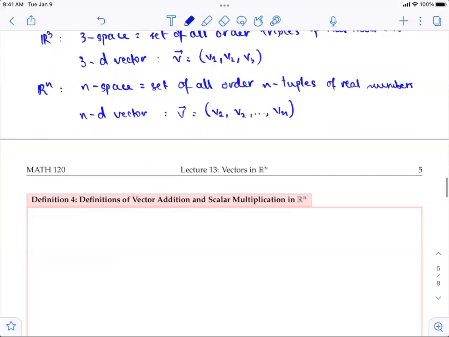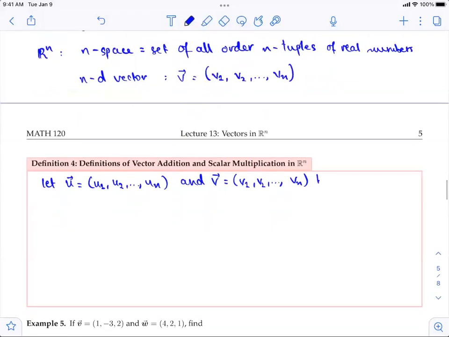All right, so let u equal u1, u2 up to un, and v equal v1, v2 up to vn, be vectors in Rn, and let c be a real number.